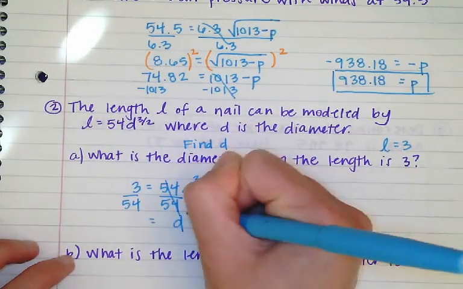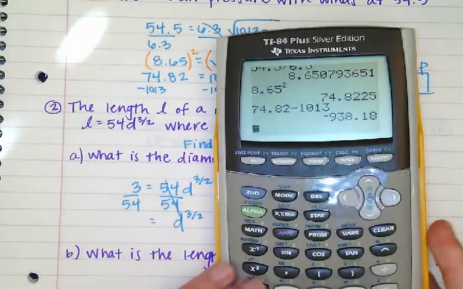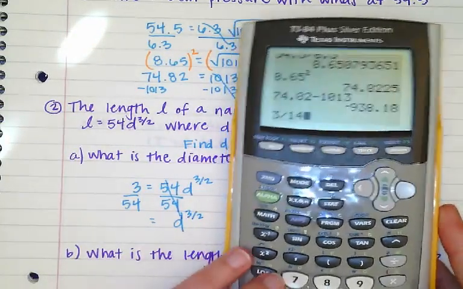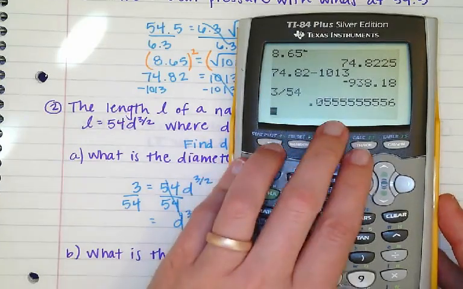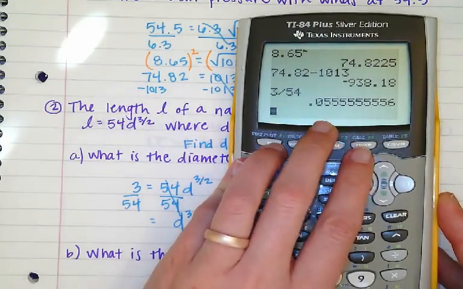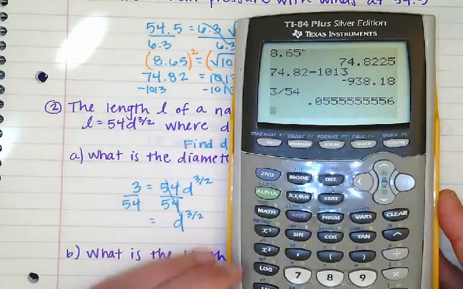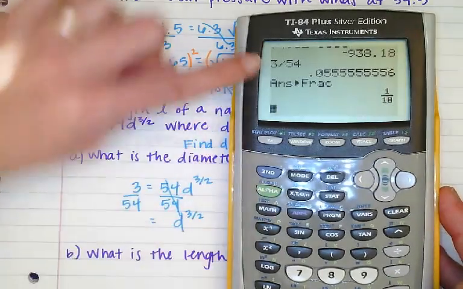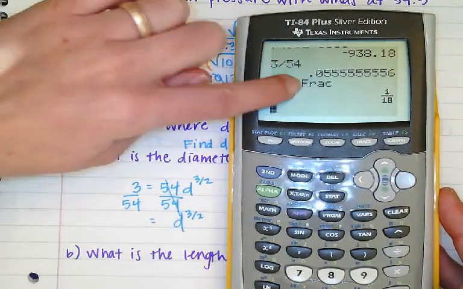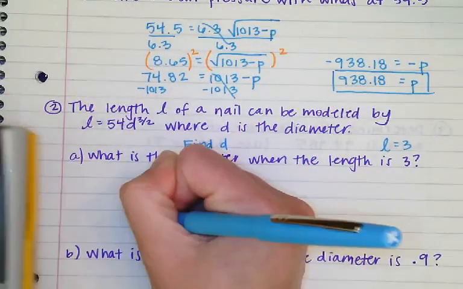And then I'm going to have d to the 3 halves power equals 3 divided by 54. Okay, that's kind of a crazy number. We can either round it or we could just leave it a fraction. If you're on a graphing calculator, math, enter, or we could reduce the 3/54, divide both by 3 to 1/18.